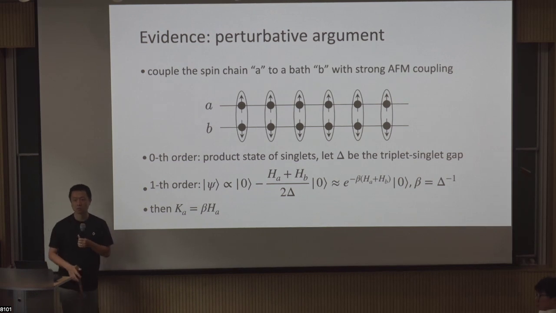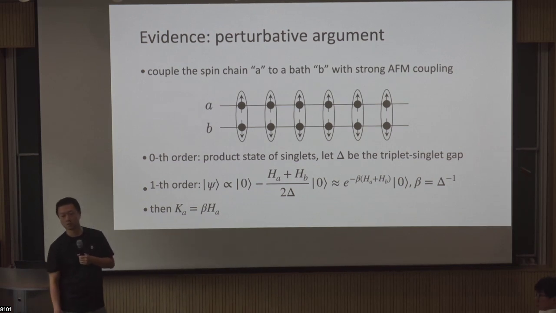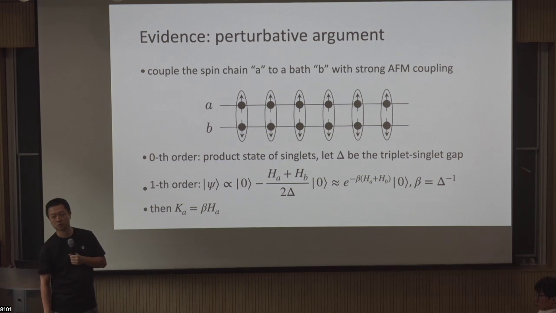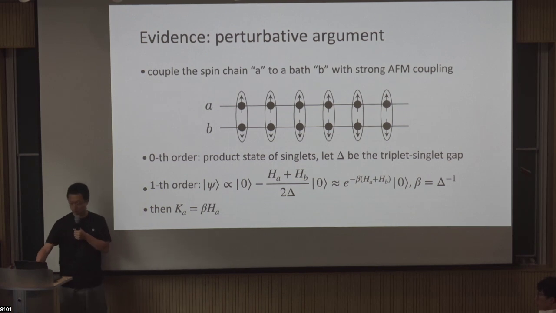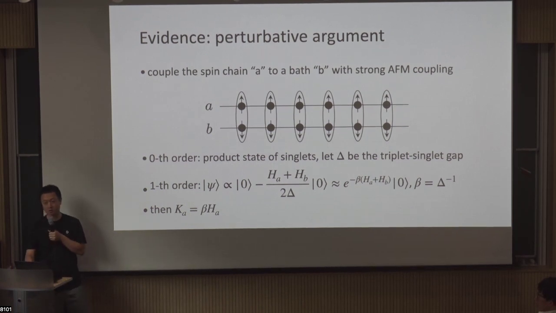Question: for the generic case, how can you guarantee that the entanglement Hamiltonian is a short range Hamiltonian? That's a very good question. That's the key technical part of the thing.